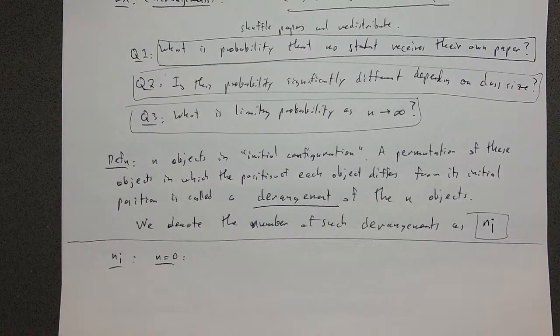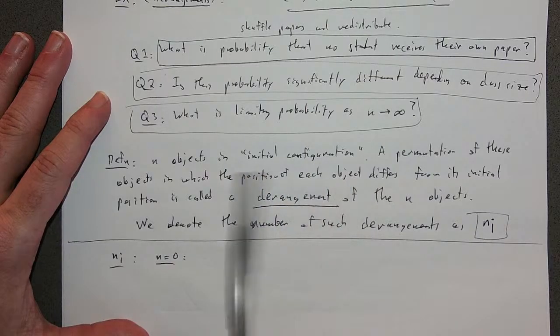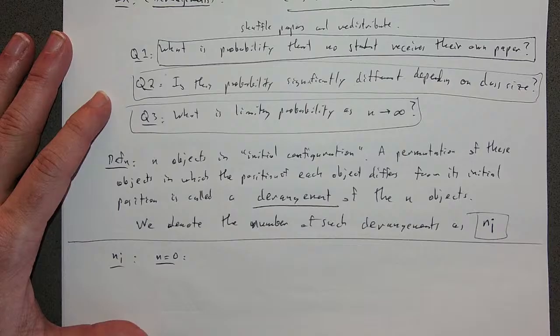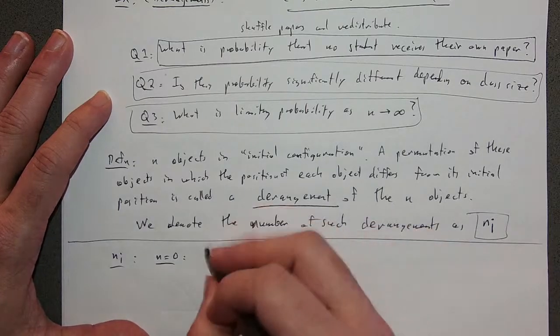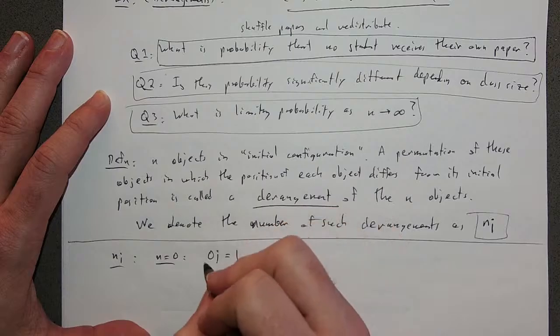Well, here there's nothing. It vacuously satisfies the derangement condition, since there's no object, so it vacuously doesn't match its initial position because there's nothing to match here. So this is 1.